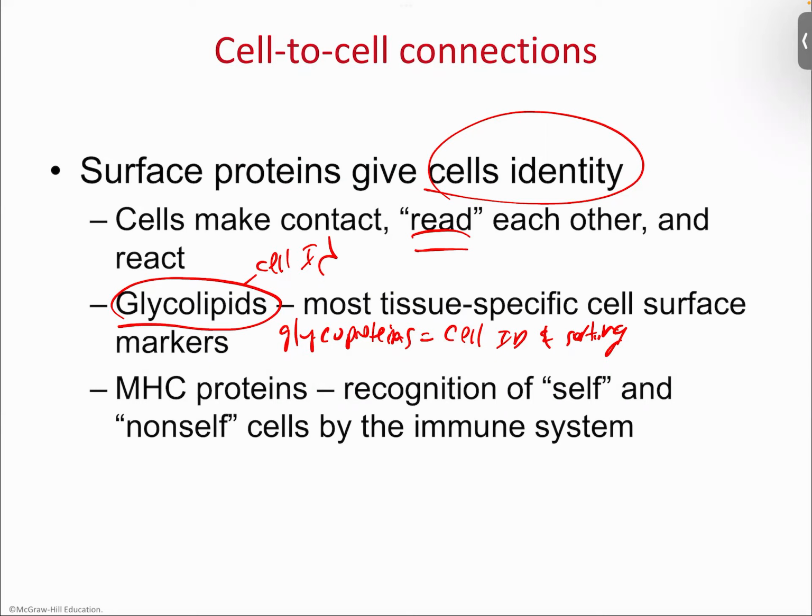There's lots of glycoproteins out there, by the way. You have lots and lots of glycoproteins on your cells. One of the big ones is a glycoprotein set called the major histocompatibility complex, which is essentially your self tags. And every single cell has this on it.